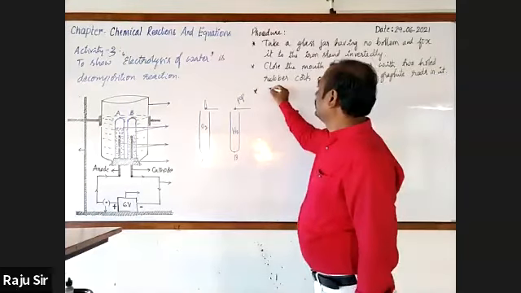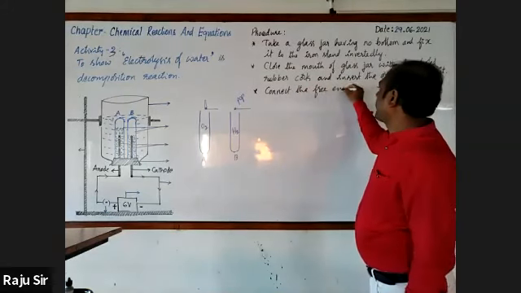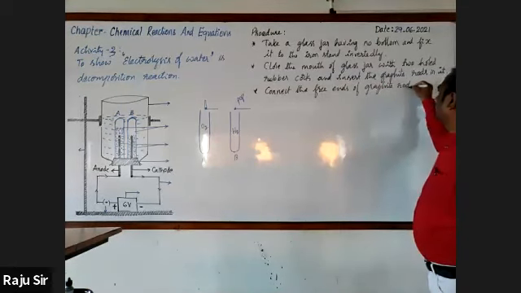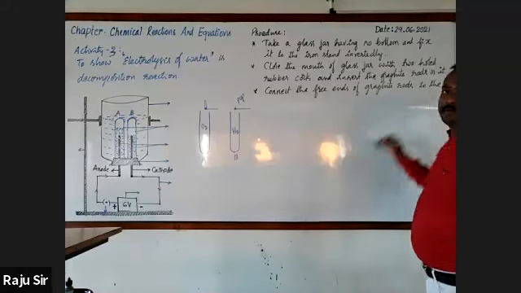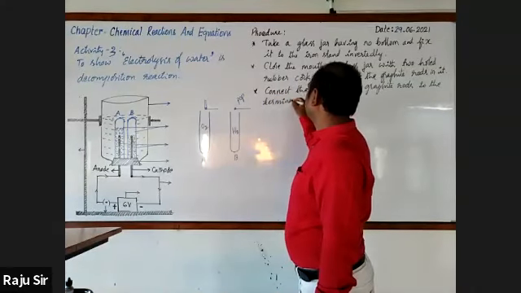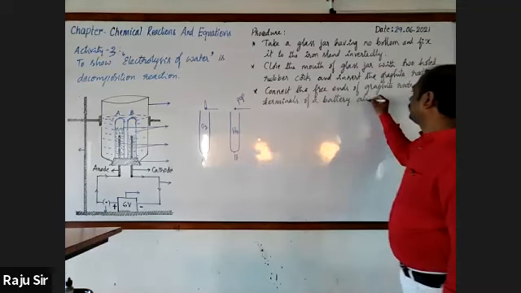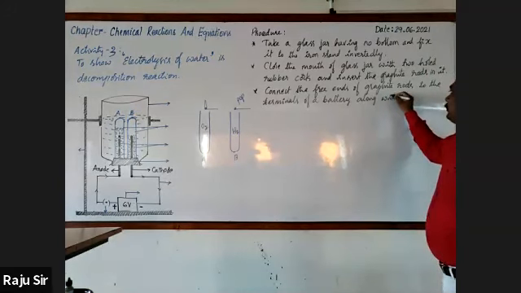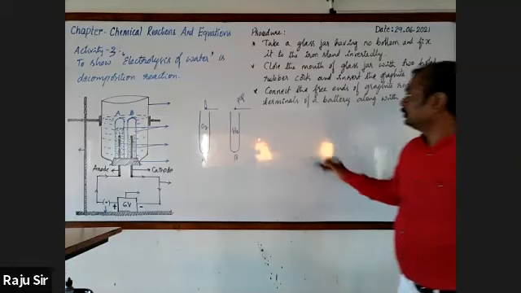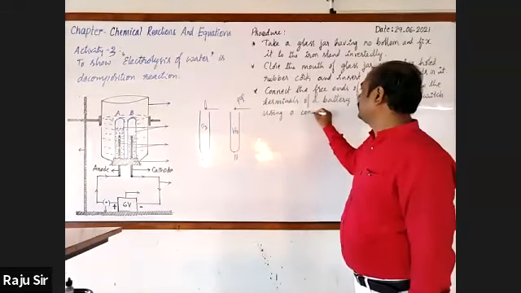Connect the free ends of the graphite rods to the terminals of a battery along with the switch, using a conductor or a copper wire.